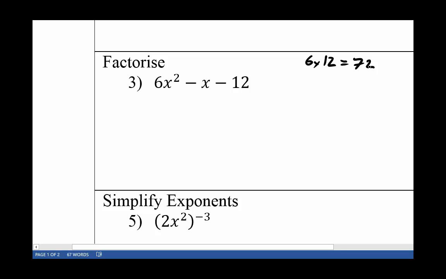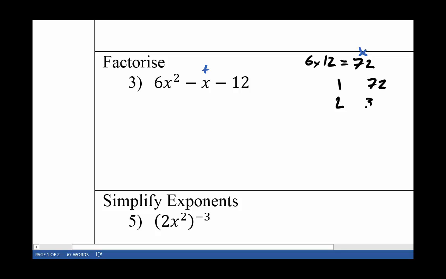So now I need to find two numbers that multiply to 72 and add to negative 1. Now I'm not 100% sure about that, so I'm going to have to think about it. Over on my working area, I'm going to go 1 times what gives me 72? Well, it's 1 times 72. 2 times what gives me 72?